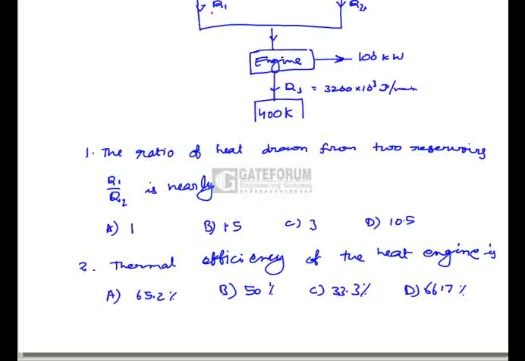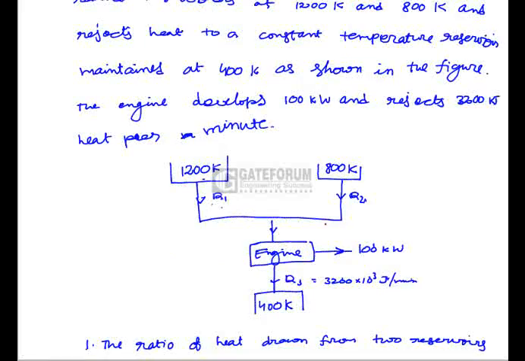That is the heat added to the engine. Q1 is the heat drawn from the reservoir at 1200 Kelvin and Q2 is the heat drawn from the reservoir at 800 Kelvin. So first consider the change in entropy: for a reversible heat engine the cyclic integral of dQ by T is equal to 0.